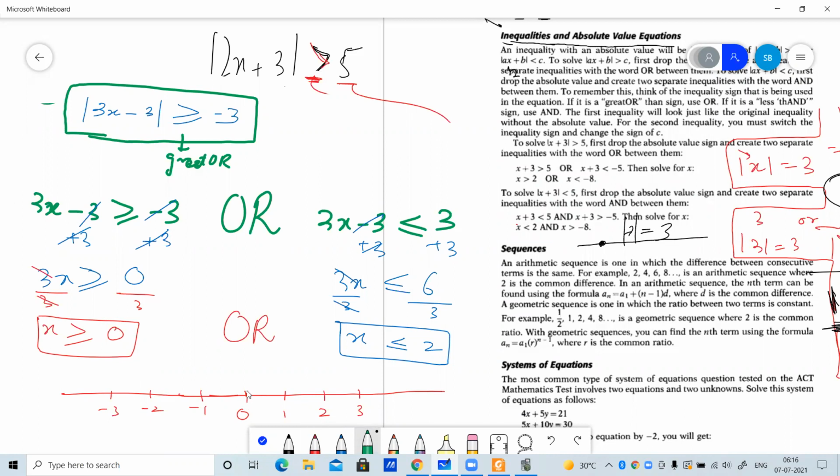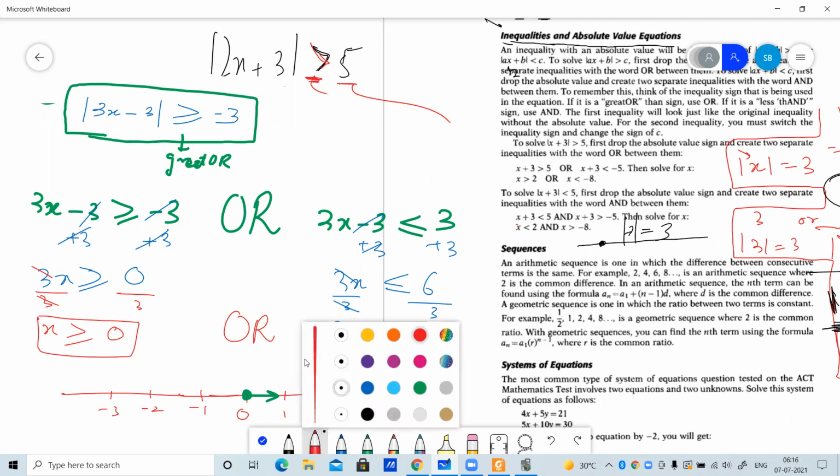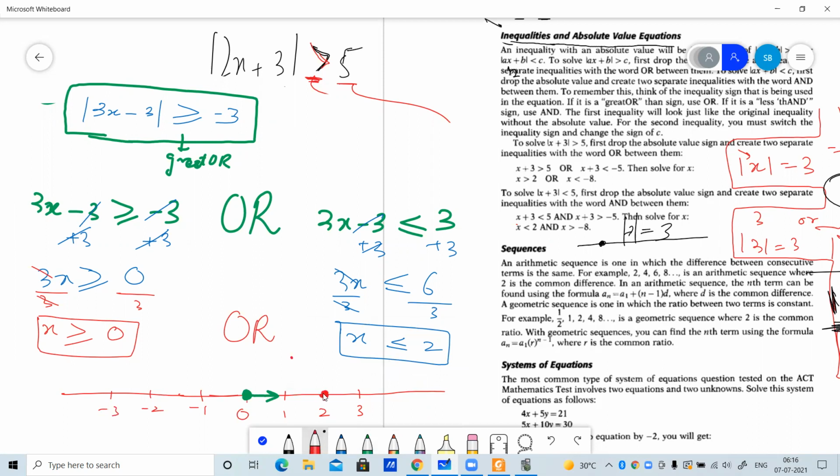It'll be solid. Should I move to the right or to the left? To the right. And what about x is less than or equal to 2? If I reach 2, it will be to the left, with a closed circle, correct.